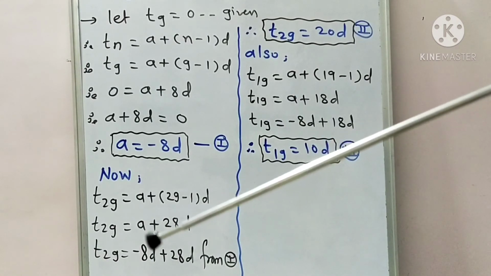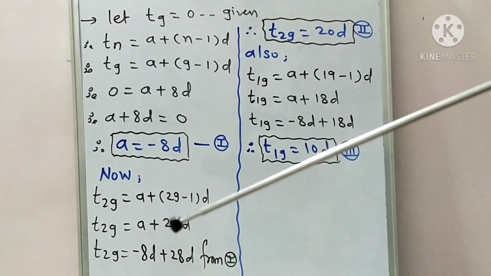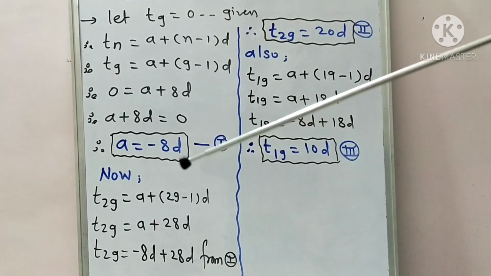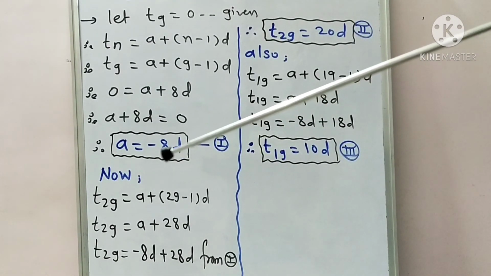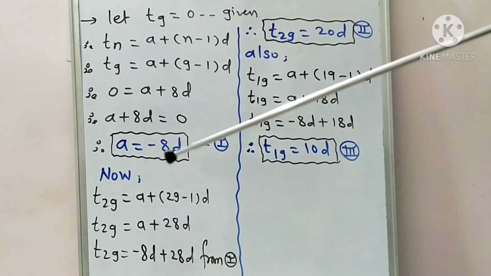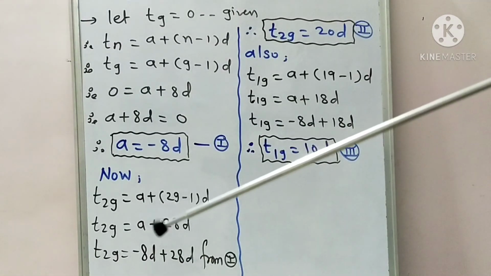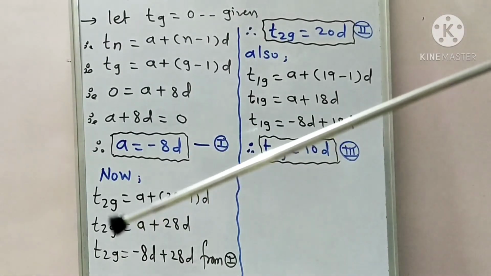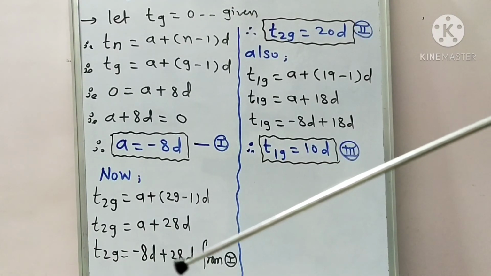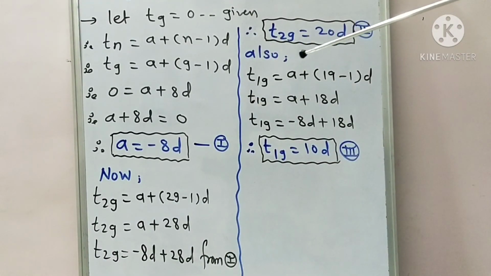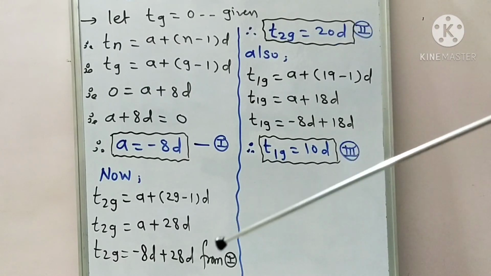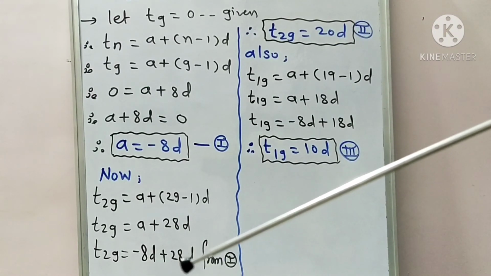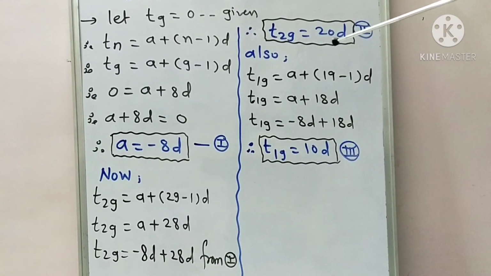So T29 is equal to a plus 28d. But from that 1, we know that the value of a is minus 8d. So as we replace a with minus 8d, we get the value of T29 in terms of d as minus 8d plus 28d, subtraction is 20d.